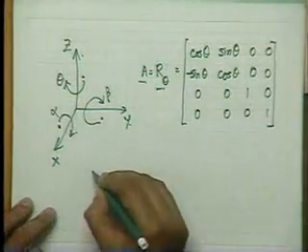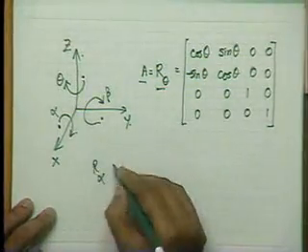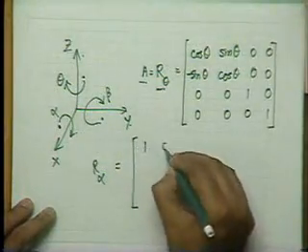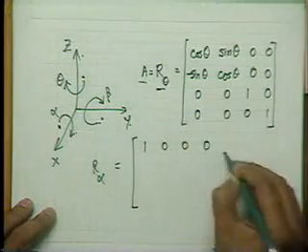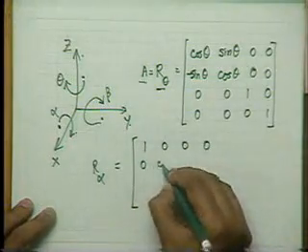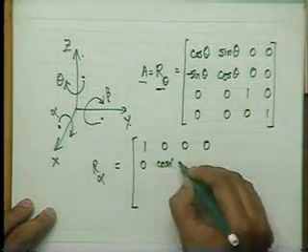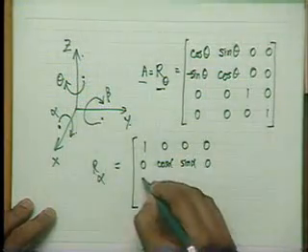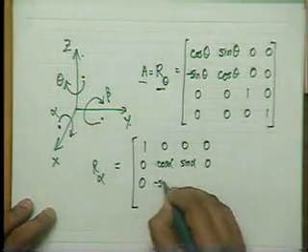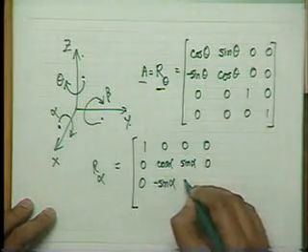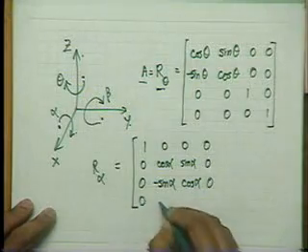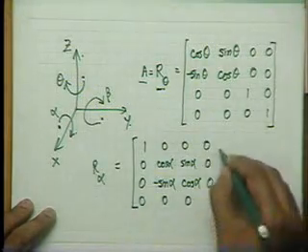Very similarly, R alpha can be written as 1, 0, 0, 0, then 0, cos alpha, sin alpha, 0, then 0, minus sin alpha, cos alpha, 0, and 0, 0, 0, 1.